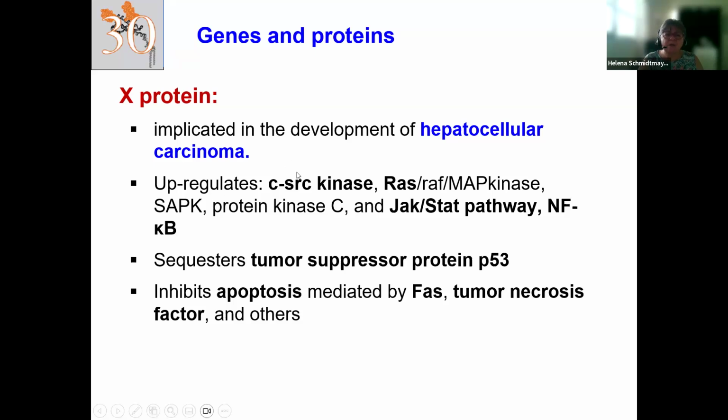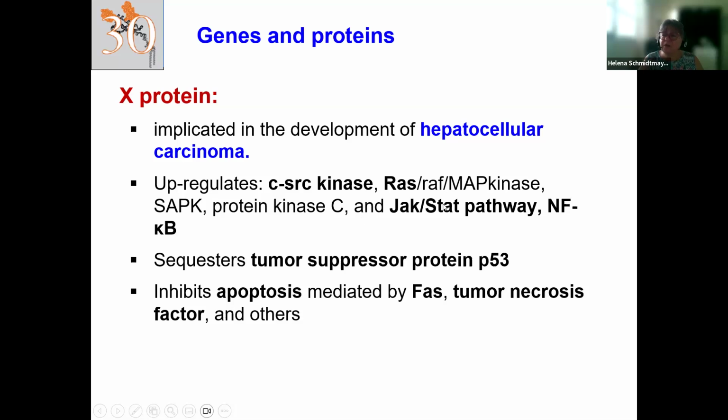So what does X protein do? It upregulates activity of tyrosine kinases such as SRC kinase. It activates RAF-MAP kinase pathway, PKC pathway, JAK-STAT signaling, NF-kappa B. All these pathways are involved in promoting cellular proliferation.